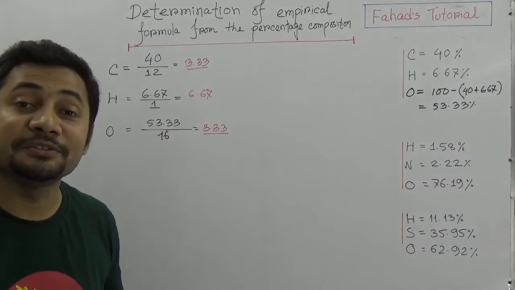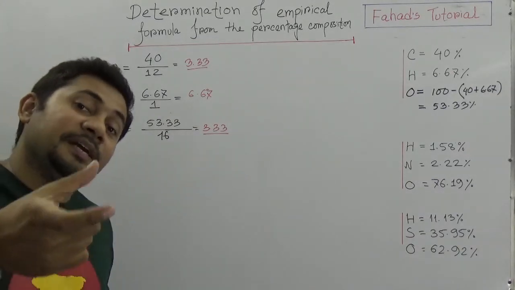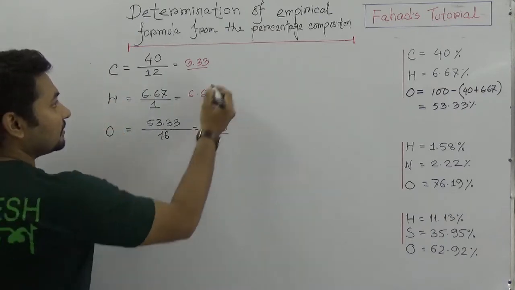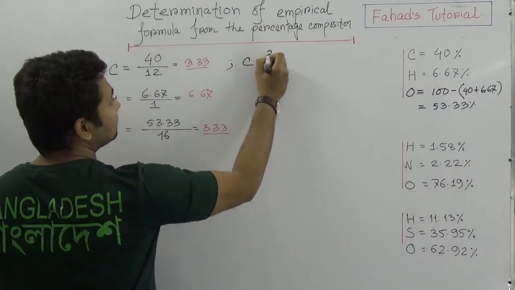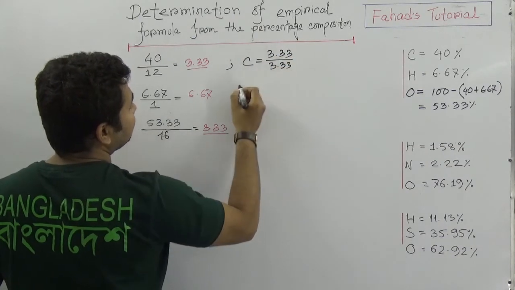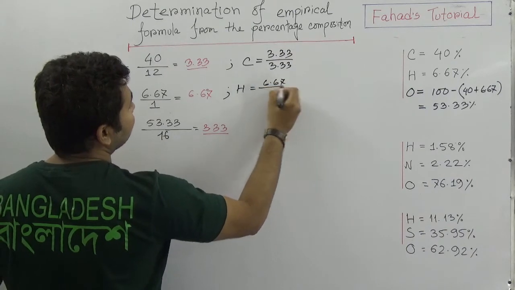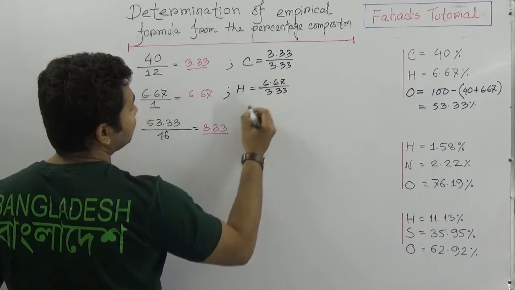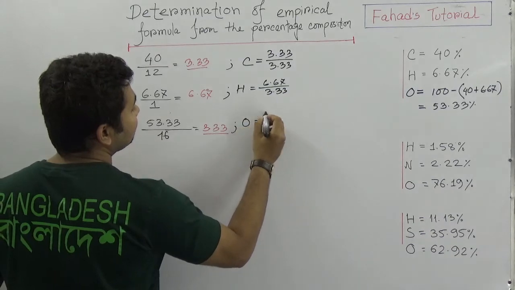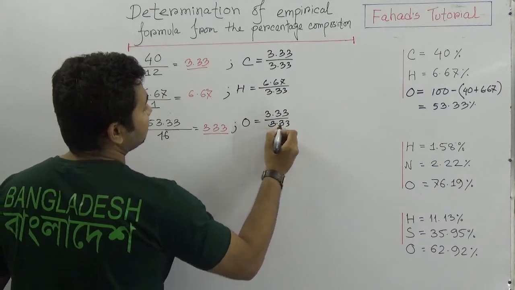So now we need to divide all these quotients by the smallest one. So carbon is 3.33 by 3.33, hydrogen 6.67 by 3.33, and oxygen similarly by 3.33.